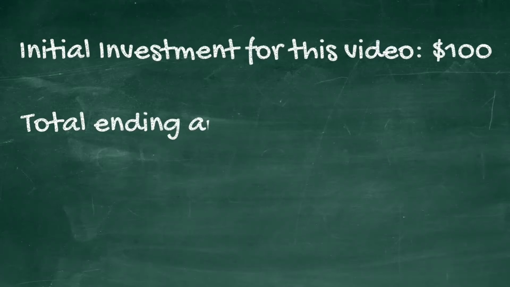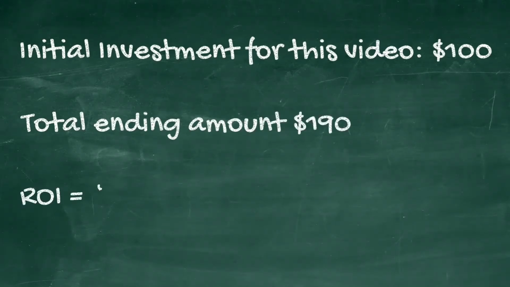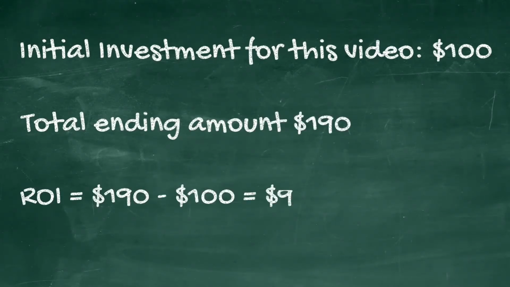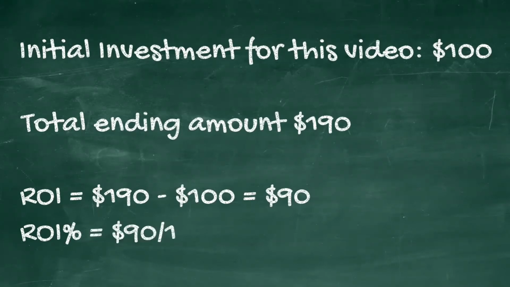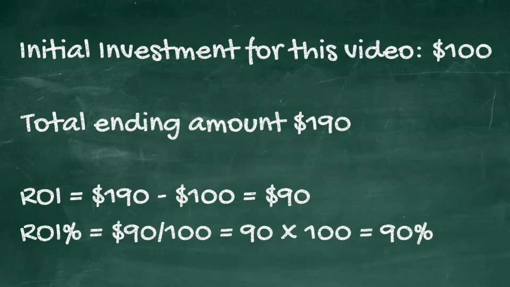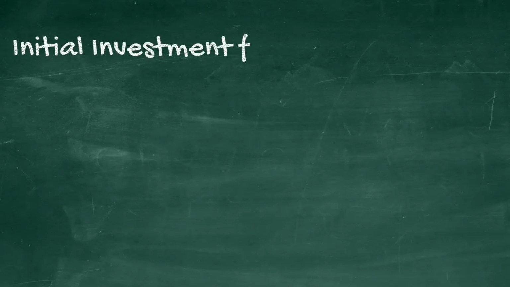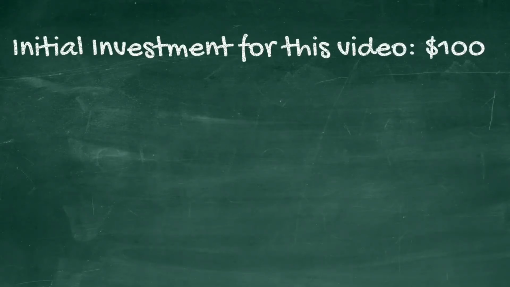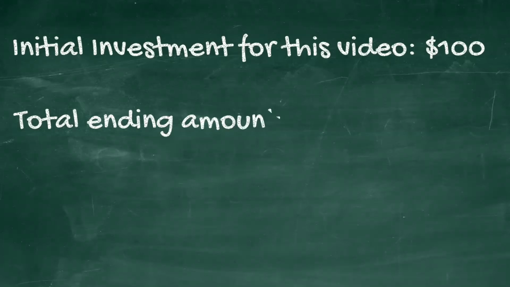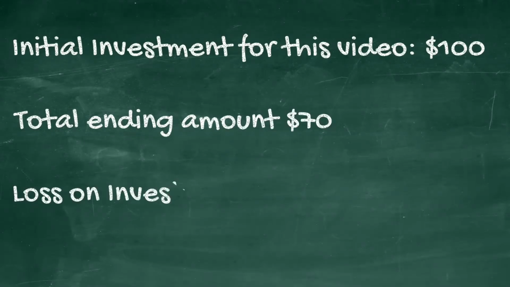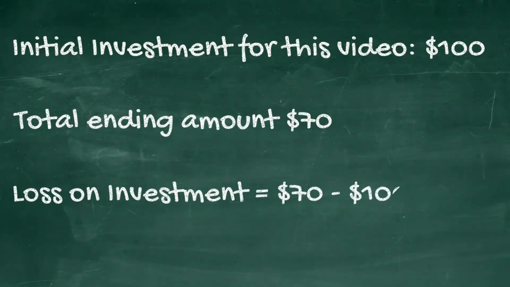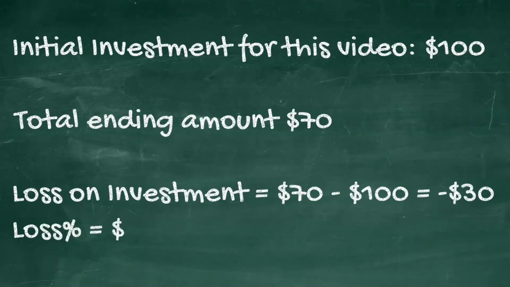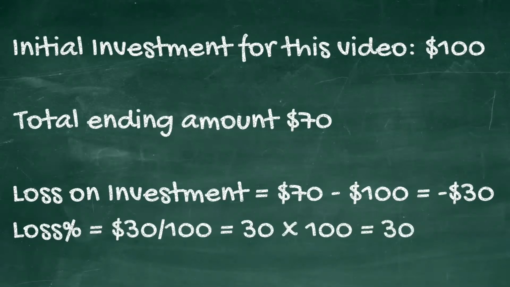If the total amount you receive is $190, then the ROI is $190 minus $100, or $90. The percentage is 90 over 100 times 100, which equals 90%. Now, from a loss standpoint, the investment continues to be 100. The total ending amount is only 70, which means the loss is 70 minus 100, or $30. The loss percentage would be 30 over 100 times 100, 30%.